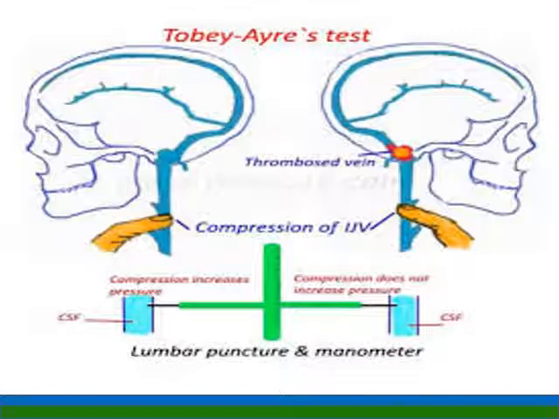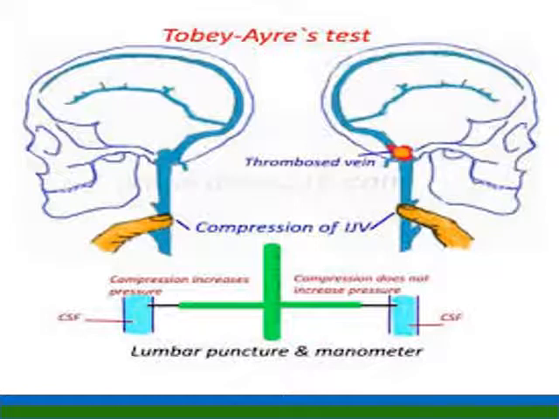If you compress the internal jugular vein on the thrombosed side, for example the right side is thrombosed, there will be no effect on the CSF pressure.